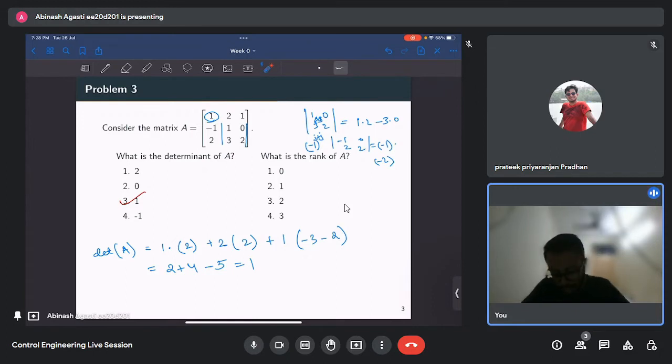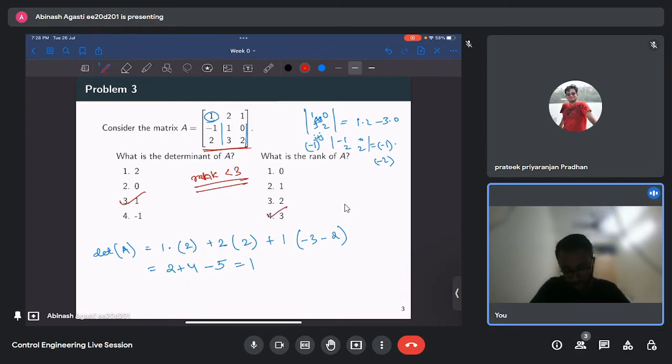Also, we know that if the rank of a matrix is less than its full rank, that is, for this 3 cross 3 matrix if the rank is less than 3, then the determinant would be 0. Since the determinant is clearly not 0, it is 1, and the 3 columns are linearly independent, the rank of the matrix will be 3.